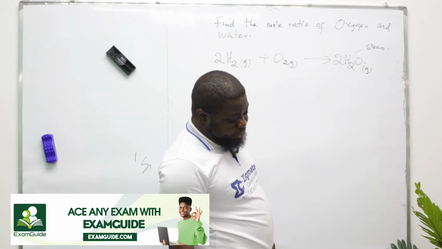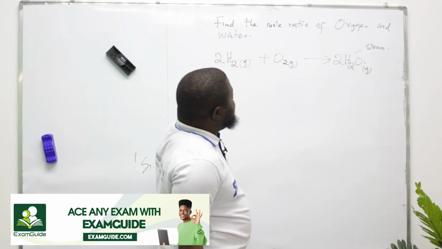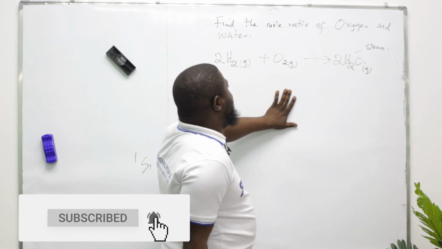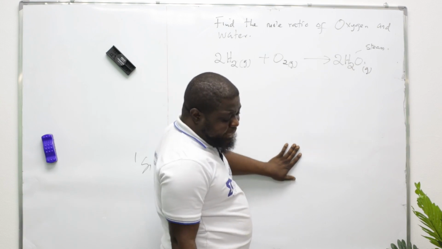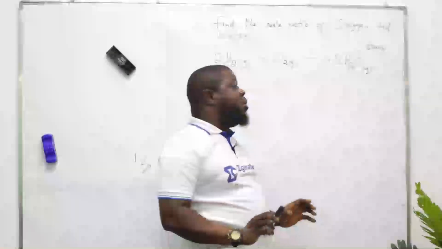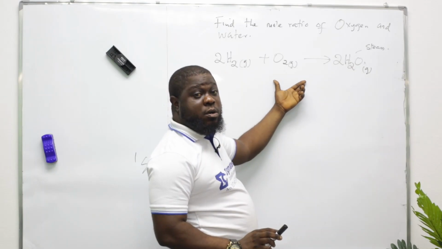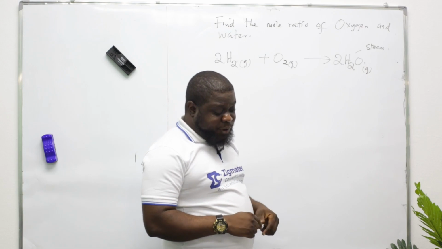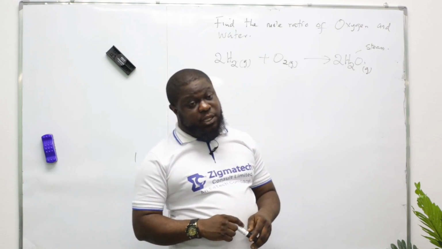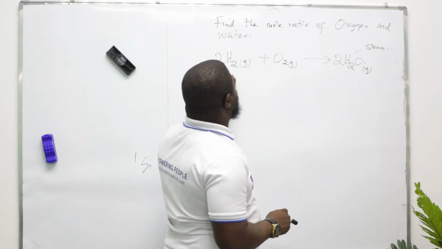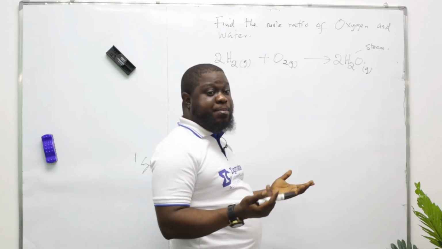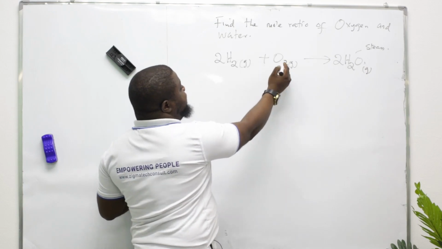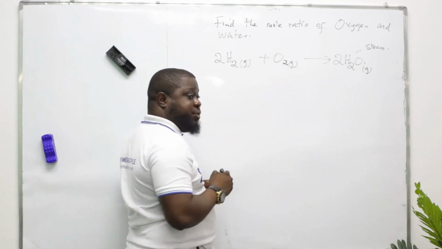That means when you're looking at the mole ratio, you're to know that for every 1 mole of oxygen, water is formed. And for every 2 moles of hydrogen, water is formed. Simple. So in essence, if you check, this subscript here represents the number of atoms.